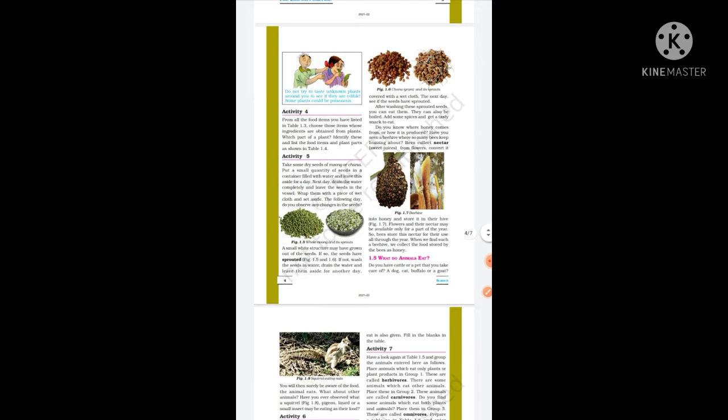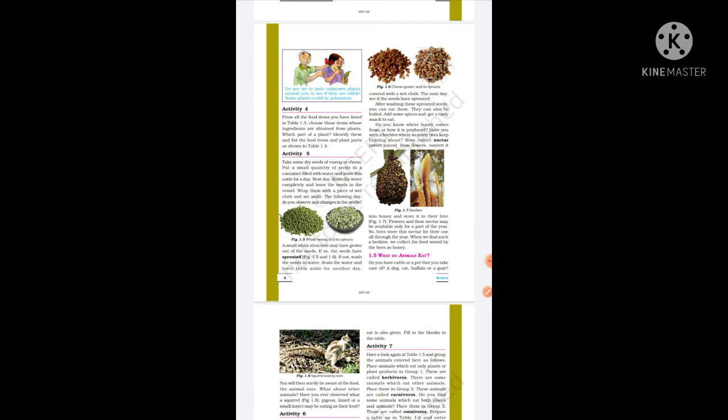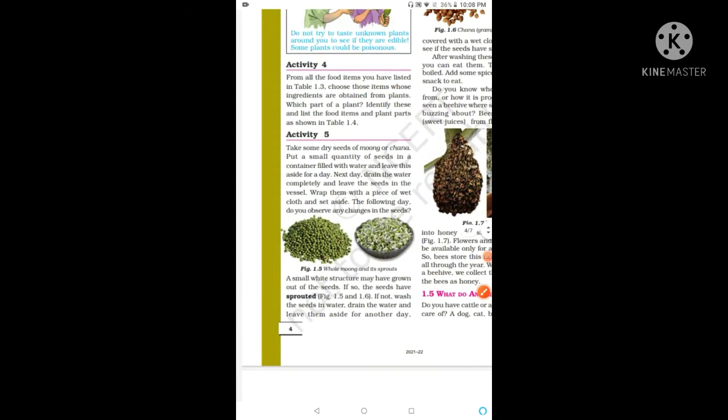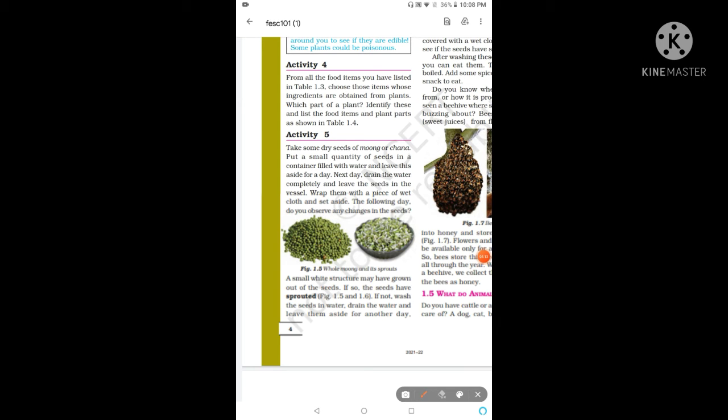Okay, activity 5. Take some dry seeds of moong or chana. Put a small quantity of seed. So what you have to do, just look carefully what I'm explaining, right?